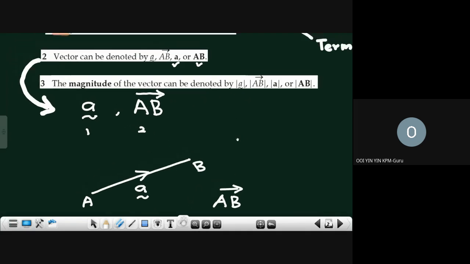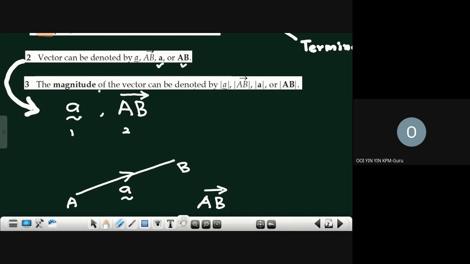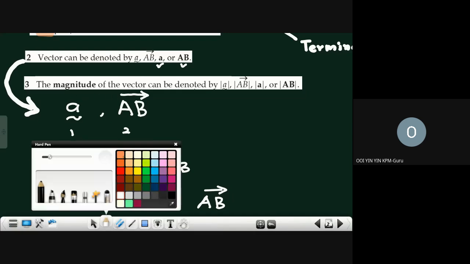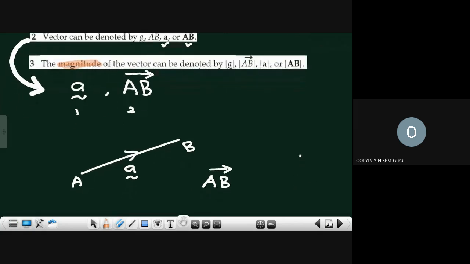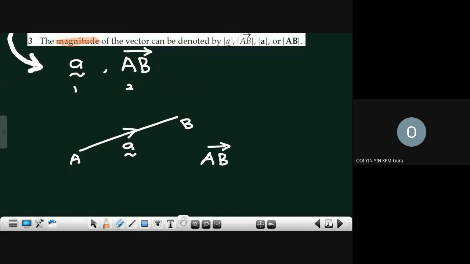And then one more, magnitude. Like I told you just now, the magnitude of a vector can be denoted by the modulus sign here.